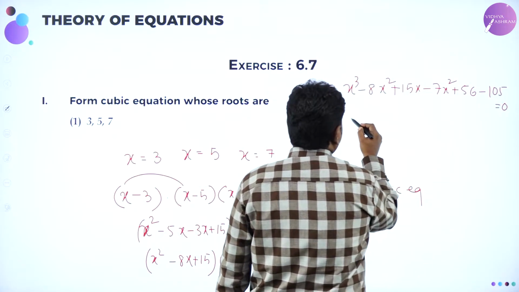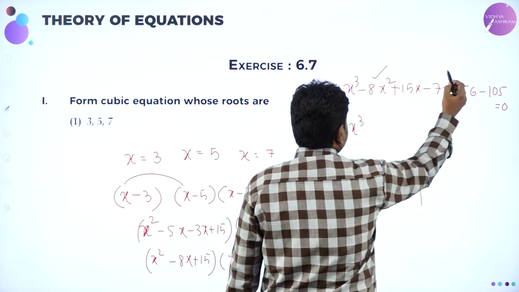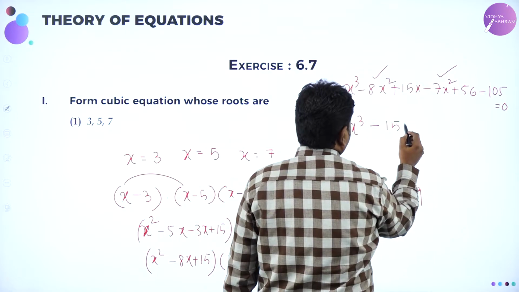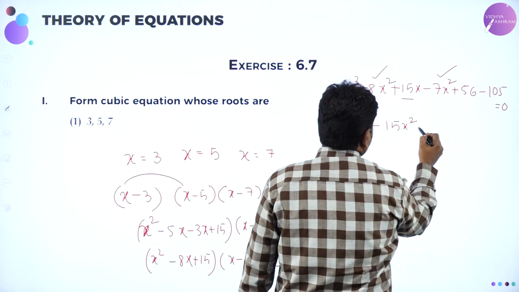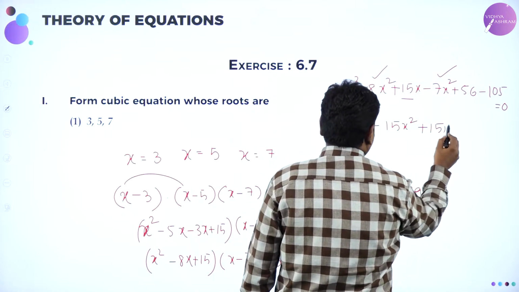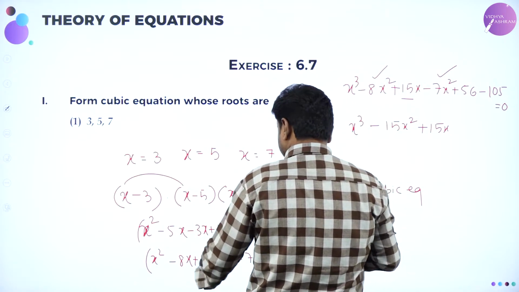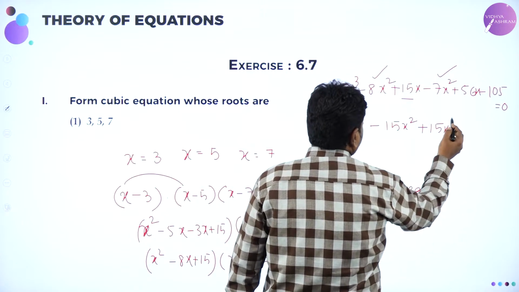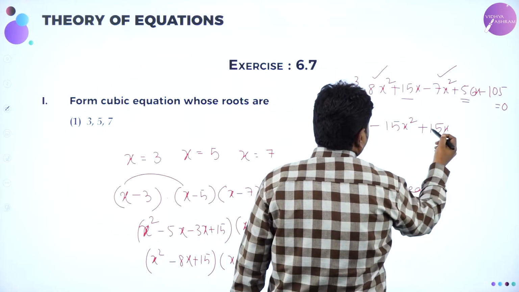Further simplify: x cube minus 8x square minus 7x square becomes minus 15x square, plus 15x, then plus 56x.